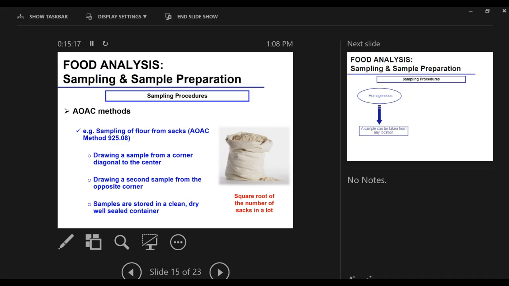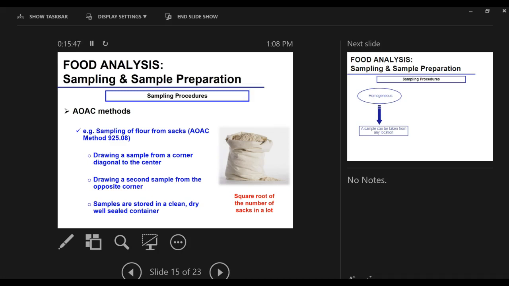Let's say, in simple terms, you're producing 100 sacks of 50 pound flour, but you're producing much more than that. You take the square root of that number, which would be 10 in this case, and then you take samples from 10 bags randomly instead of measuring everything.